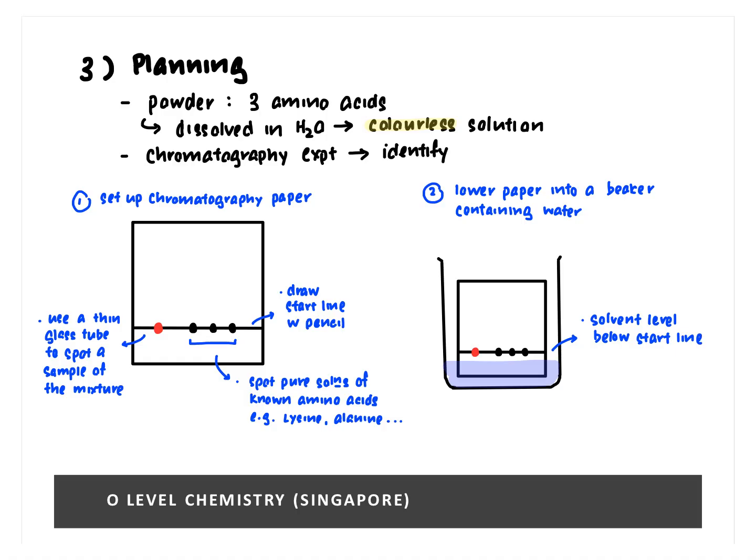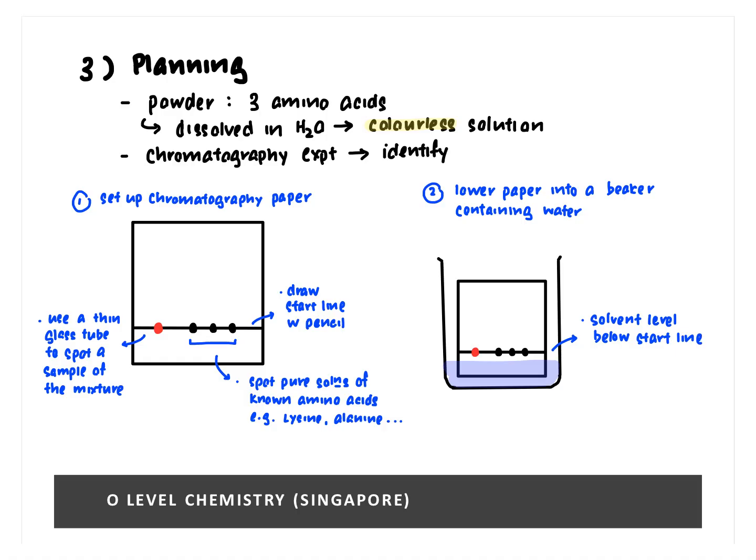There are, I think, 3 main parts to that. Number 1, you have to set up the chromatography paper. So you need to draw a start line. You need to mention that it has to be drawn in pencil. And then after that, using a thin glass tube, a capillary tube. I don't think what you use to spot the mixture matters, but it has to be thin so that we get a small spot.